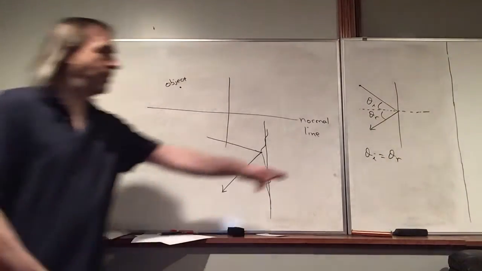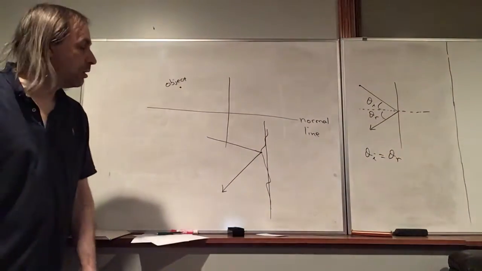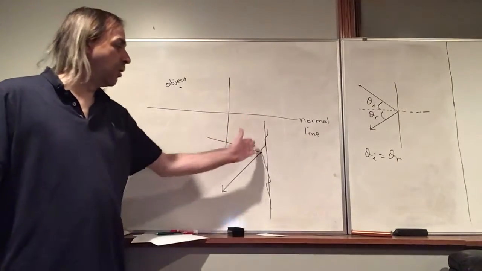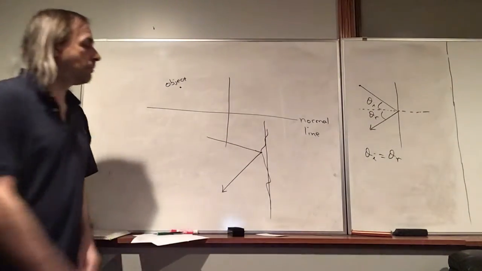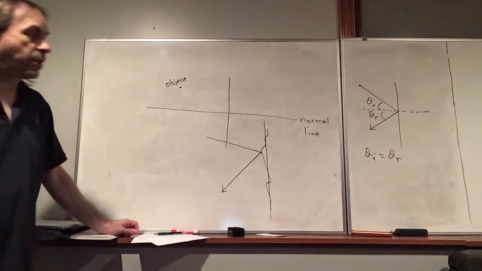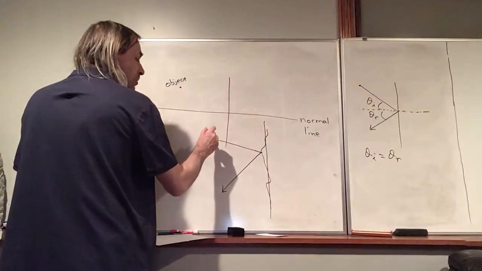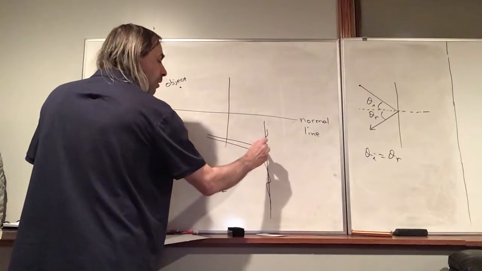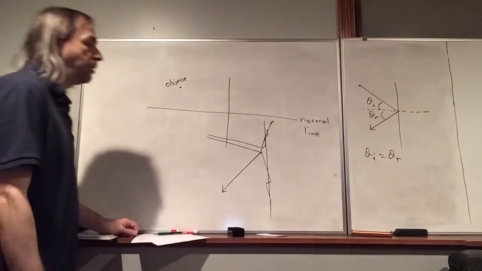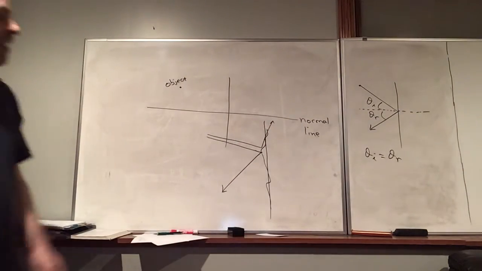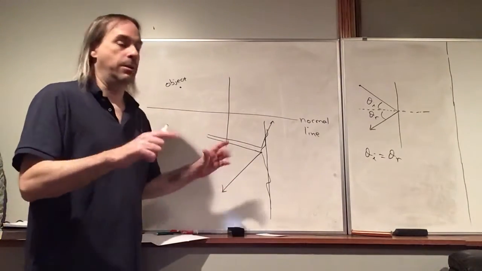So you could argue it's still following this rule, except it's not a flat surface anymore. And so light can reflect off, even if you have a close by beam, it can go off in a completely different direction. So on rough surfaces, light scatters.